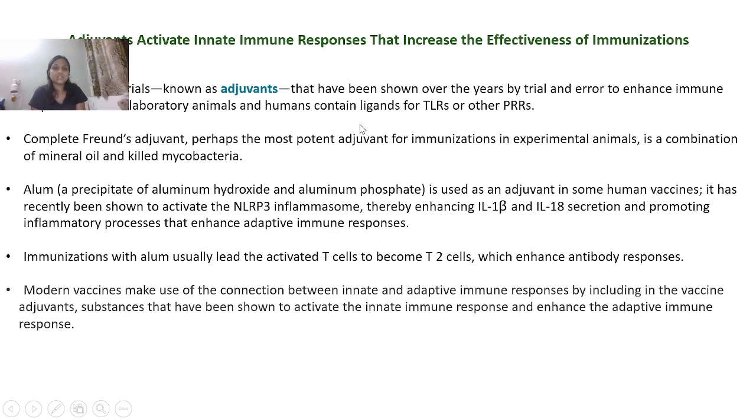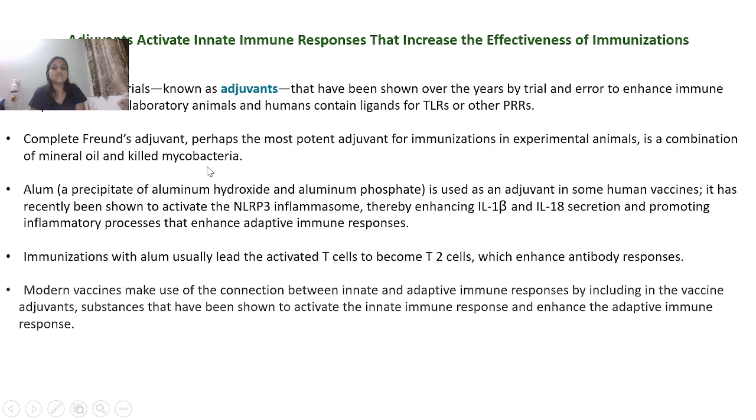So there are certain types of molecules or components which will help in the enhancement of the immune response in both laboratory animals and humans, containing ligands for TLRs or other PRRs. These are known as adjuvants, and these will increase the immune response. For example, complete Freund's adjuvant is one of the most common kinds of adjuvant used for immunization in experimental animals. It is a combination of mineral oil and killed mycobacteria.